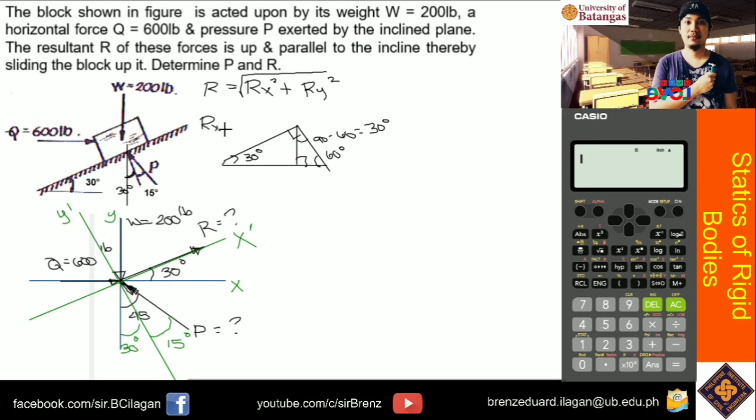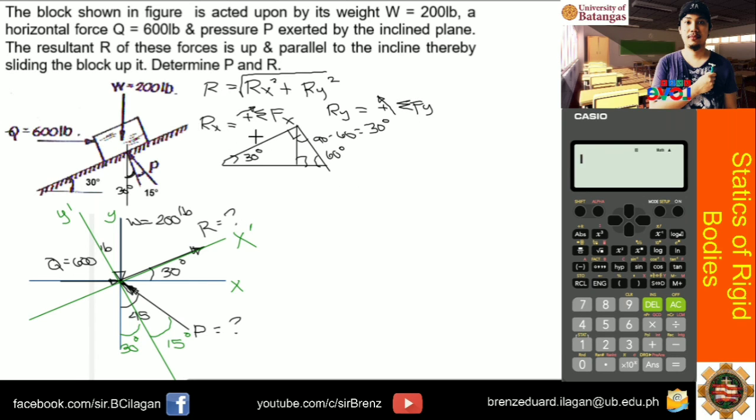Yung Rx, that is just equal to summation of forces, all x components. But take note, since bago yung axis natin, pag ganito yung direction ng positive. And then, kapag nag-summation ka ng Ry, pasaan yung direction ng positive? Along dito sa axis na to, acting along this direction. So, that will be your summation of forces y.